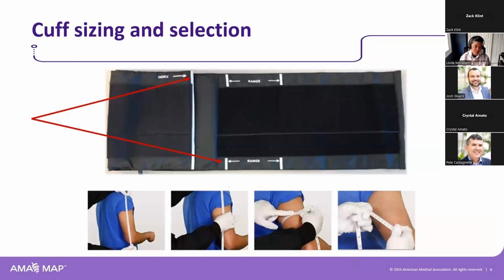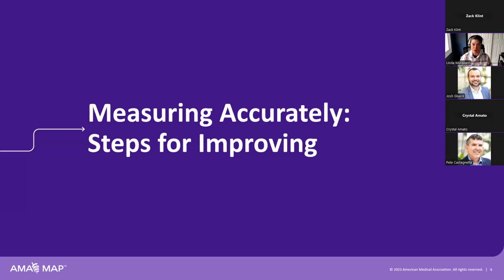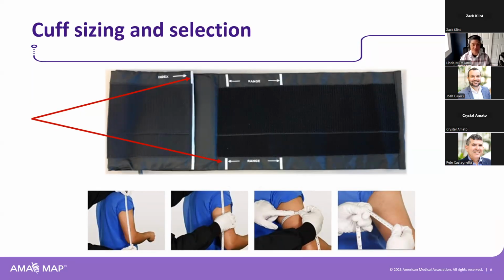Since incorrect cuff size is the number one error, let's talk about how we're going to prevent that. You want to ensure proper cuff size, so to do that, you can measure the arm circumference. You can see the pictures at the bottom of the slide there. You measure from the top of the shoulder and you go down the back side of the arm to the bottom of the elbow. Then you find that center point between there, and that's where you should measure around the arm and do that arm circumference.